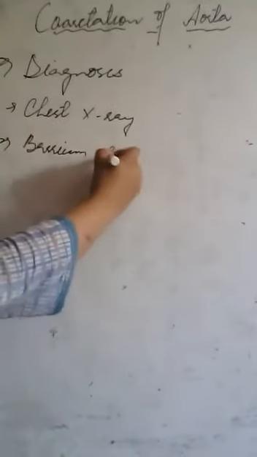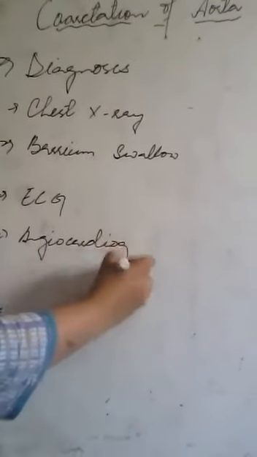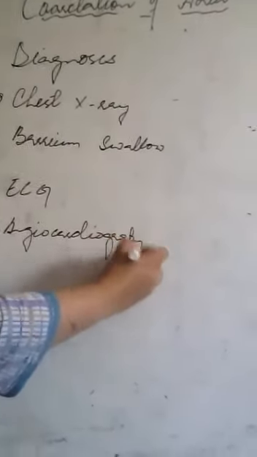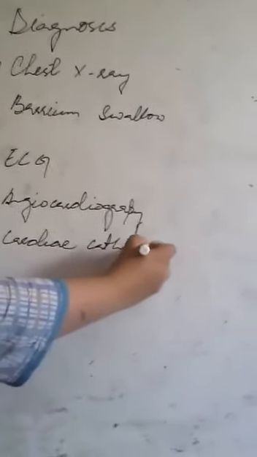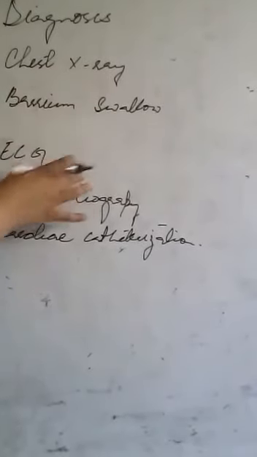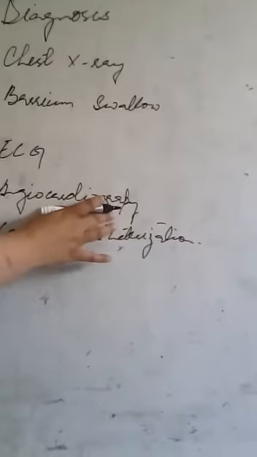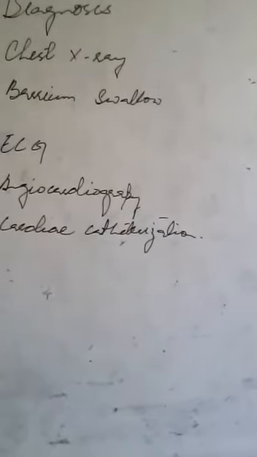Also barium swallow, ECG, angiocardiography, and cardiac catheterization are done to diagnose coarctation of aorta.